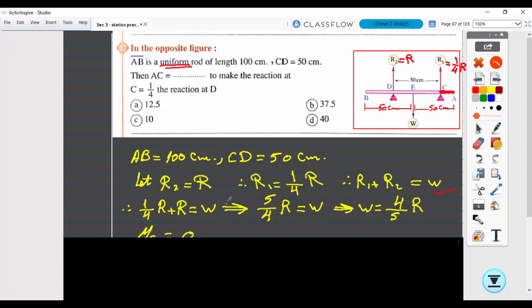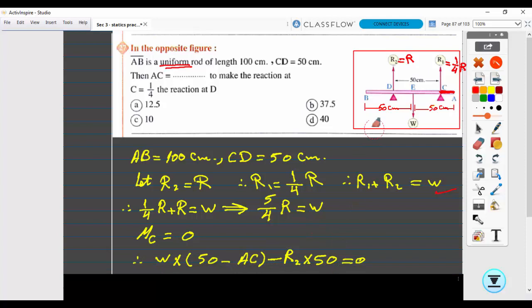But R1 equals 1/4 R and R2 equals R, so 1/4 R plus R equals W. It means 5/4 R equals W. Actually, there is no need for this step.